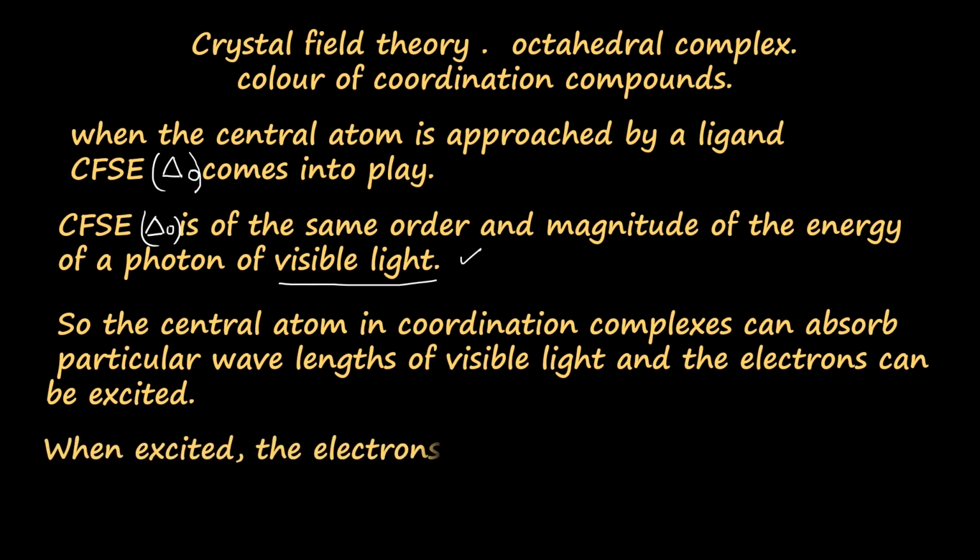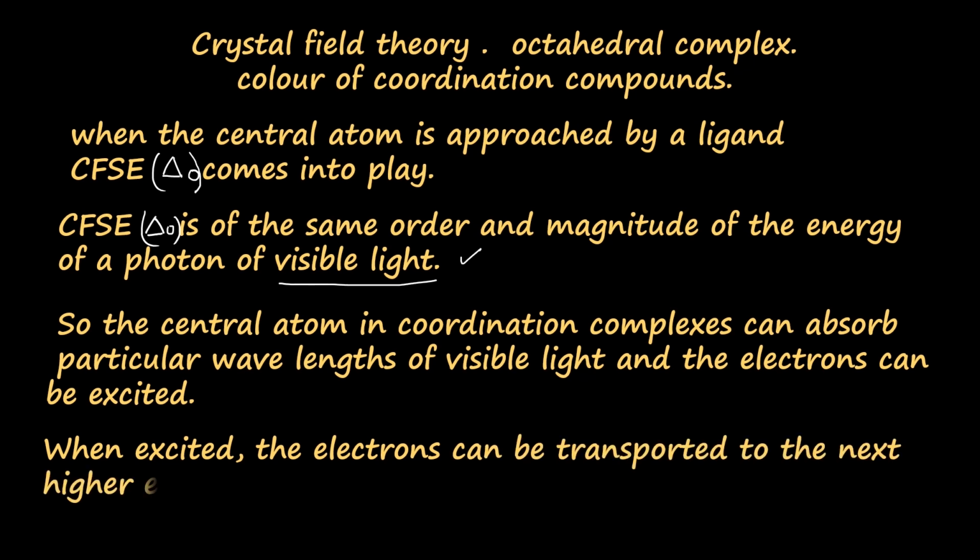The excited electrons will then move from t2g to eg energy level. You have already learned hydrogen spectrum, absorption spectrum and emission spectrum. Only the remaining colors will be reflected back.